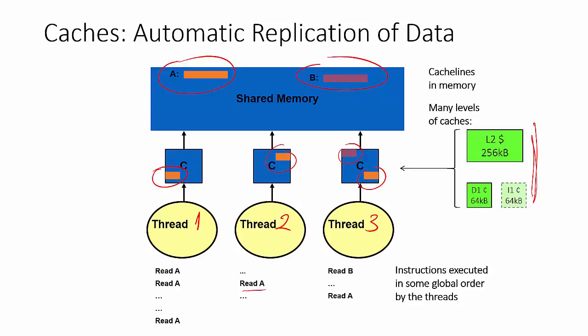You have instructions executed in some global order by the threads. We haven't really talked about in which order these reads are seen, and that doesn't really matter because reads do not change state, so the order of reads is not so important.